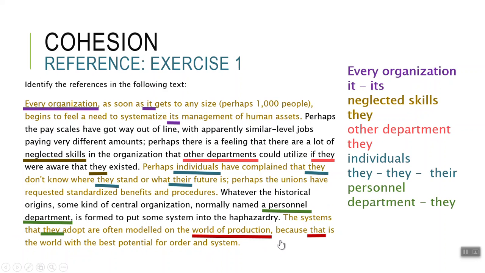World of productions, and that refers to the world of productions. So maybe you already know how to use these. You just now need to check them, making sure that they're quite clear and that there is some kind of cohesion in your paragraph.